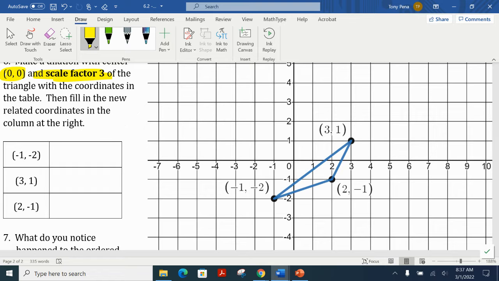Label your points though. Label the new points in that table, just to show that it works.